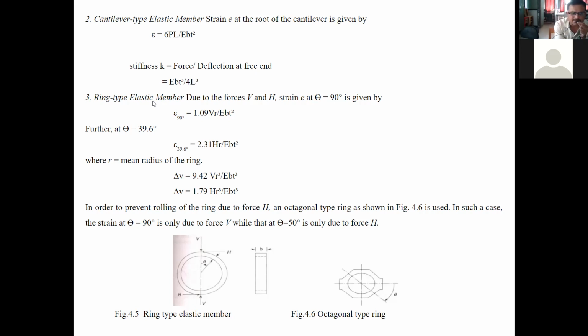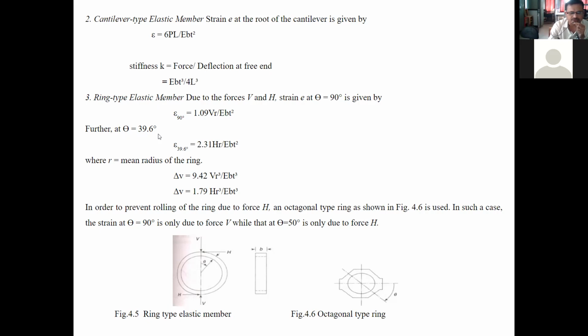Next is the ring type elastic member. Due to the forces V and H, meaning vertical force and horizontal force, strain epsilon at theta is equal to 90 degree is given by epsilon 90 degree is equal to 1.09 VR divided by EBT square.